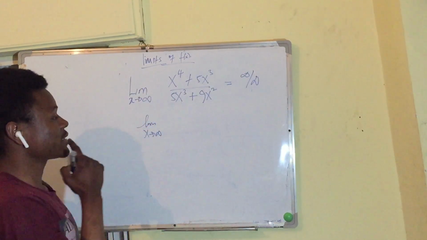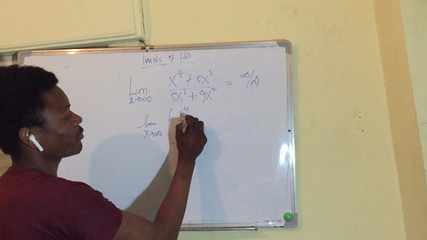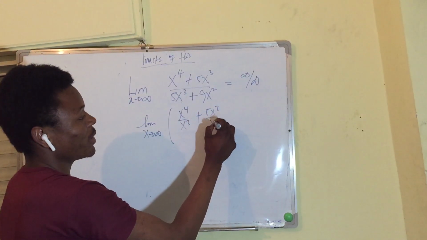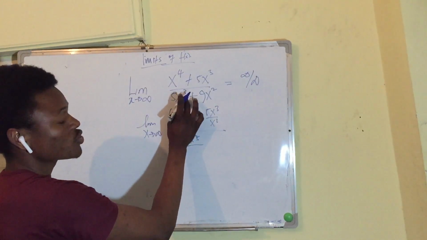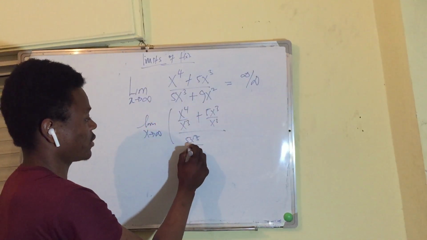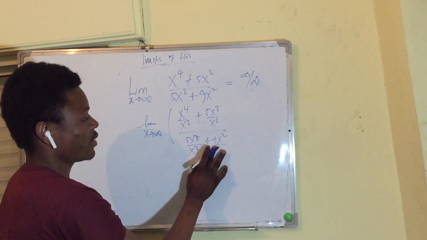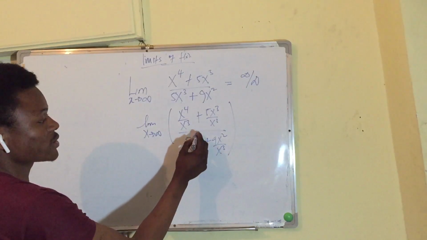So the limit as x approaches infinity of x to the power of 4 over x cubed plus 5x cubed over x cubed, everything divided by x cubed over x cubed, minus 9x squared over x cubed, like this. So this can cancel this.